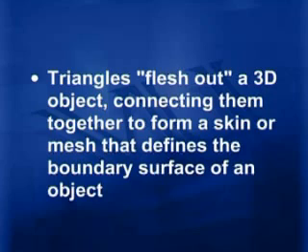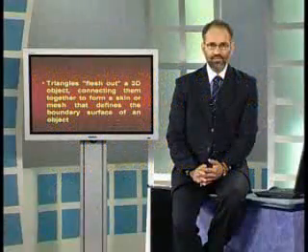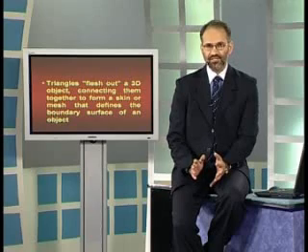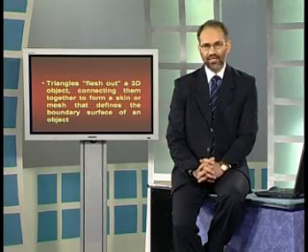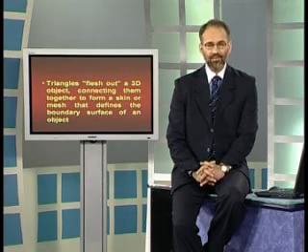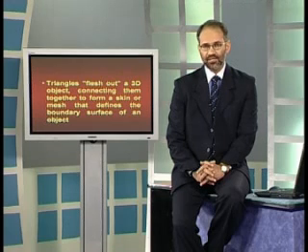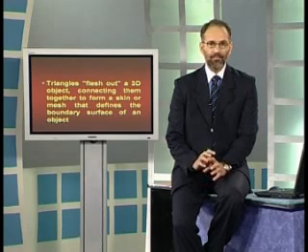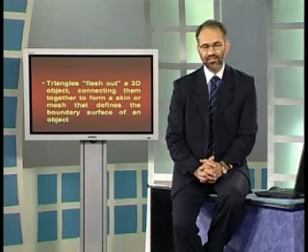The triangles flesh out a 3-dimensional object, connecting them together to form a skin or a mesh that defines the boundary surface of an object. So as I said earlier, any solid object that has a definite surface that needs to be shown can be divided into multiple triangles in order to come up with a mesh or a skin-like effect.